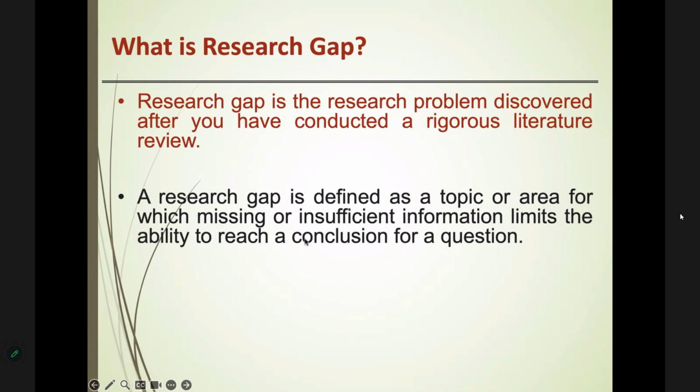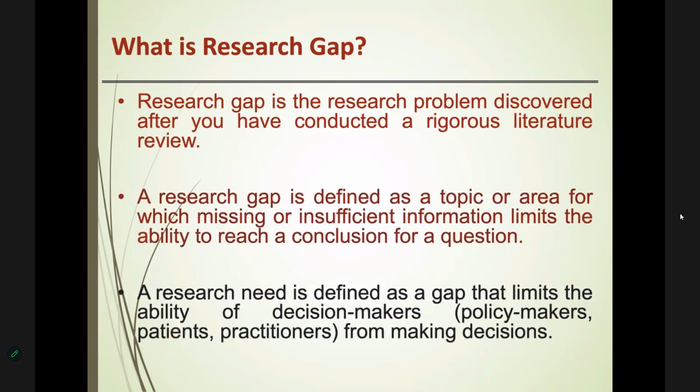So it is still considered an under-researched area, right? The problem is still there. It is not fully addressed. Still, it is a research gap because the problem is there. There are solutions by other researchers, but there is still missing information. There are gaps, so you can still call that a gap, right?